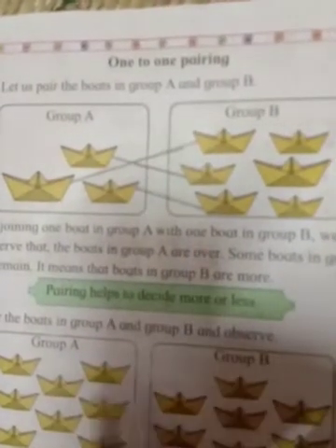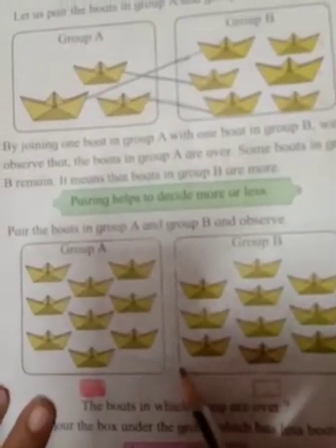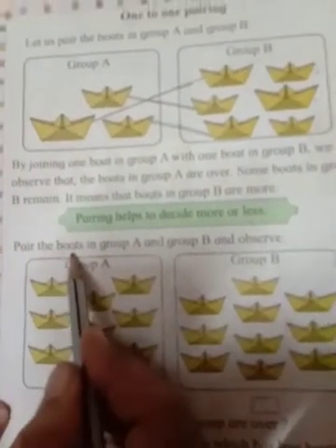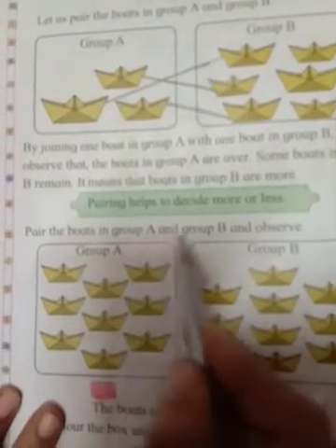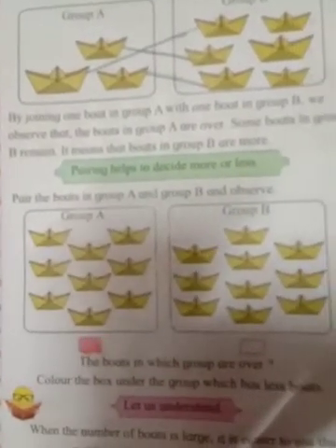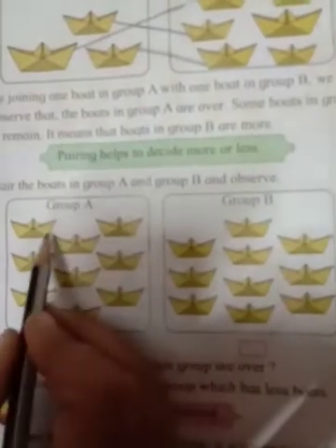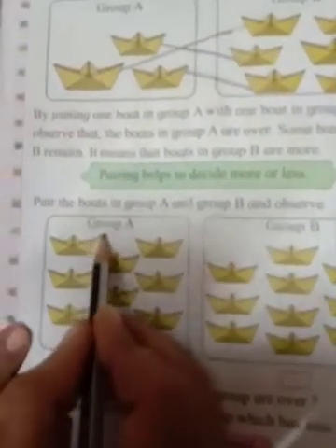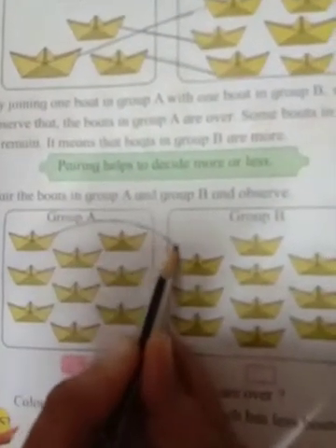Now the next example we are going to solve. Pair the boats in group A and group B and observe. Now we are going to pair one boat of group A with one boat of group B. Let's start with the first boat. One boat joins here.